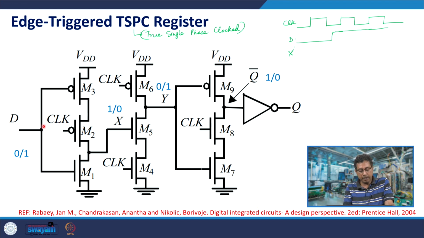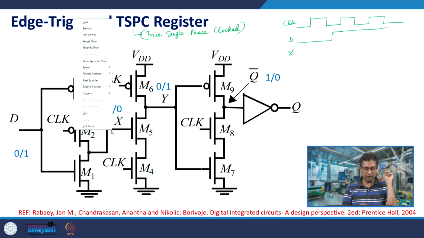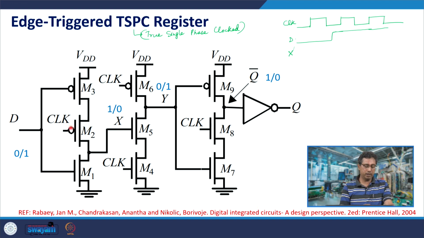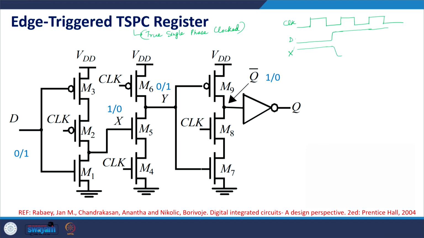But when data D turns 1, M3 is off, so only M2 is on and there is no connection to VDD. Because M3 was on initially, when data was 0 and clock was also 0, X is charged to VDD. But once the data turns to VDD, M3 is off and M1 is on, so X would get discharged from VDD to 0.